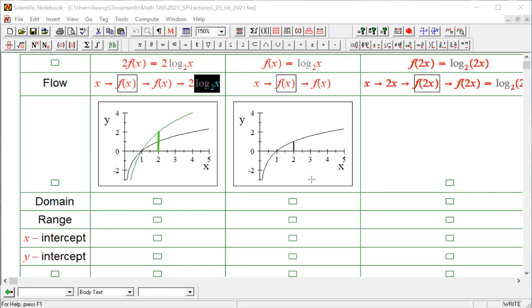Do you follow me? That's the doubling. Doubling of the output, because this guy is just log base 2 of x. You follow me? So the output is doubled. Input doesn't change. For the same input, the output is doubled. That's what it means. So that's how it's being stretched.